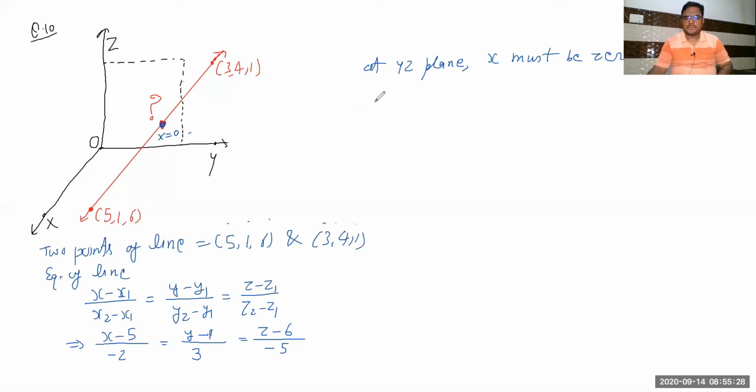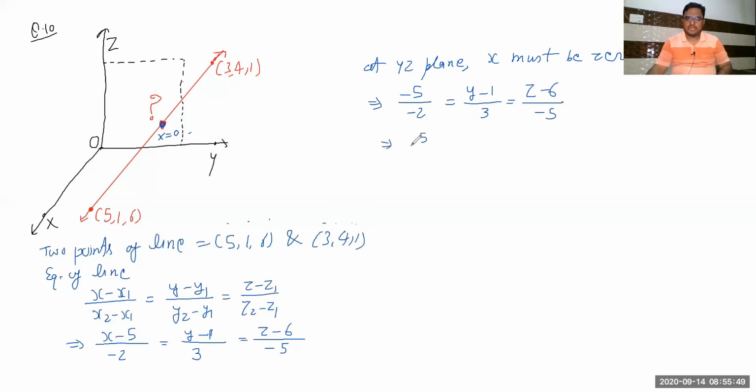This implies that, in place of x, I will put 0 now. So minus 5 upon minus 2 is left because we have replaced x by 0, equal to y minus 1 upon 3 equal to z minus 6 upon minus 5.